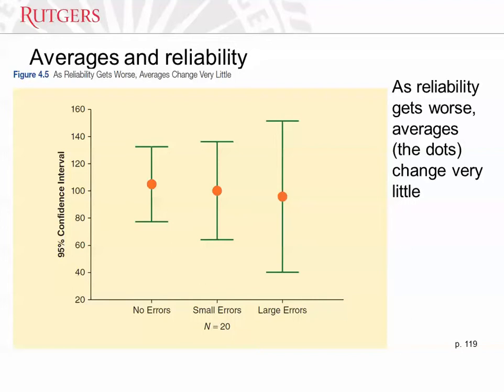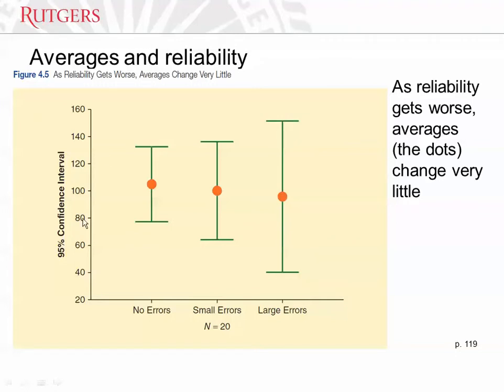Now, the reason reliability matters is because it introduces more variability in the data, which has some consequences. We'll talk first about averages, and sometimes we use measurements to calculate averages, percentages, or means. If there's a lot of random error, the means themselves are not that affected, but the confidence intervals, the precision of the data, is compromised.